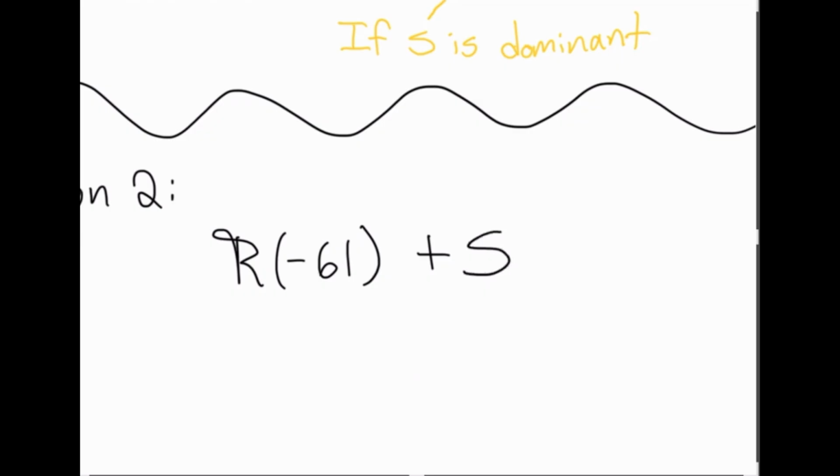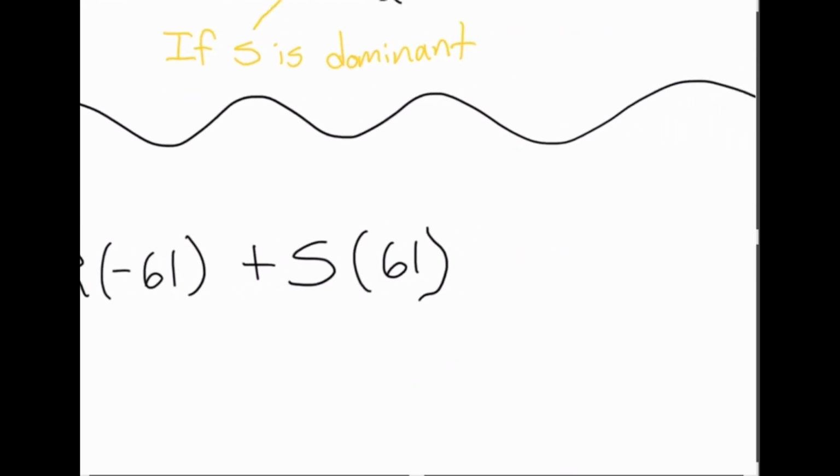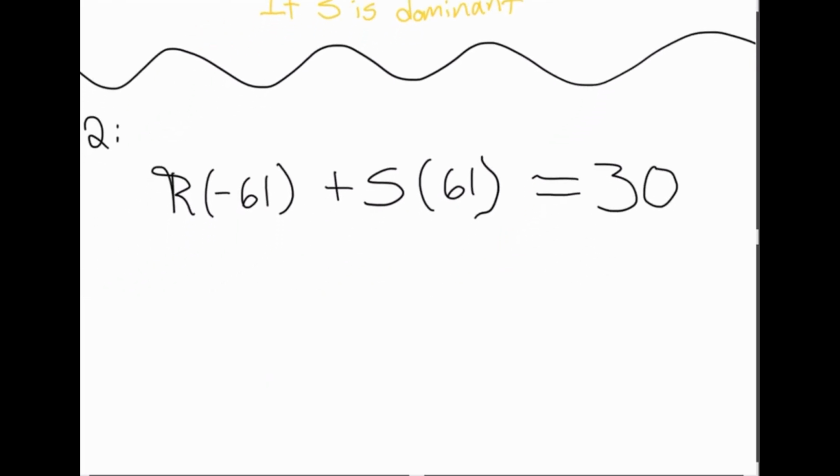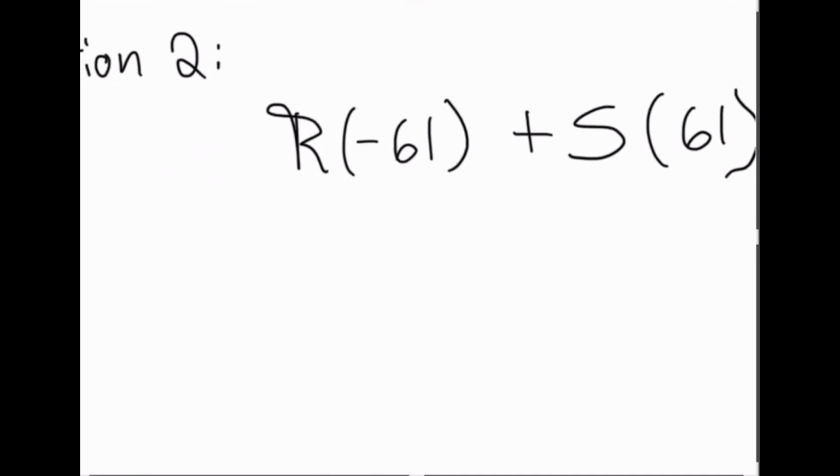R and S are twins: if R is negative 61, S will rotate light to positive 61. And we know that is going to give us a value of 30.